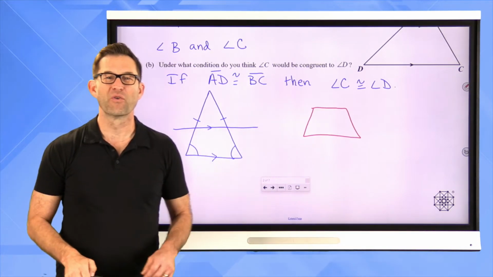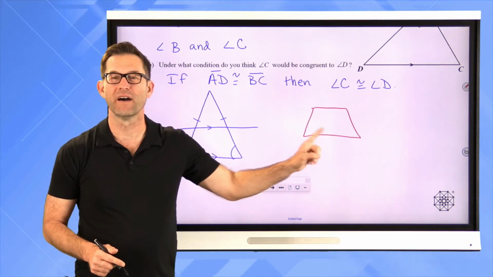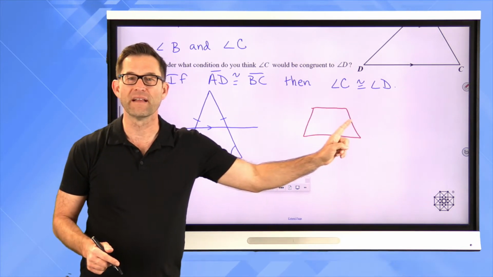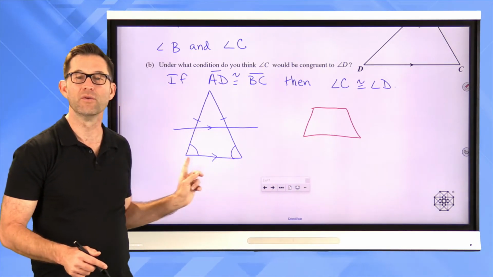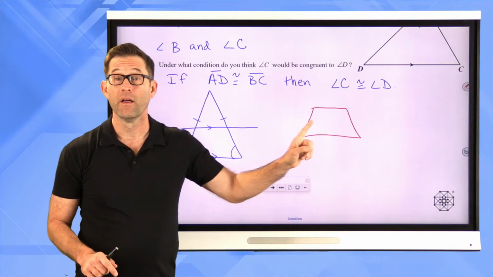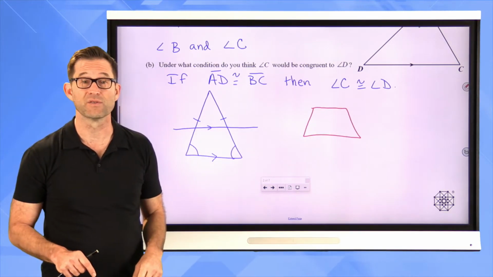Poorly drawn, but we'd have this side parallel to this side, congruent to that side, and these two base angles would continue to be congruent. As well, these two angles would also be congruent, and we'll prove that in the next exercise as well.